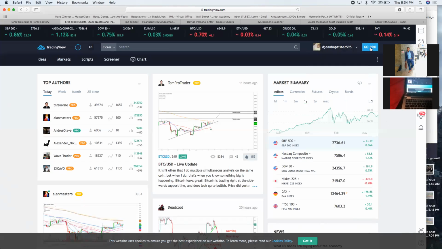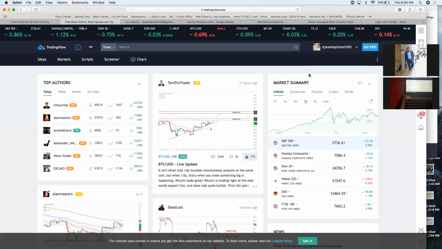I believe I have a GoPro. Yeah, I paid for this, I believe. So you're able to upgrade your account if you would want to. I don't have a pro account, but by just clicking GoPro, you're able to upgrade to a pro account, which gives you more access, more tools, more indicators, and more possibilities of understanding the market a little bit better.